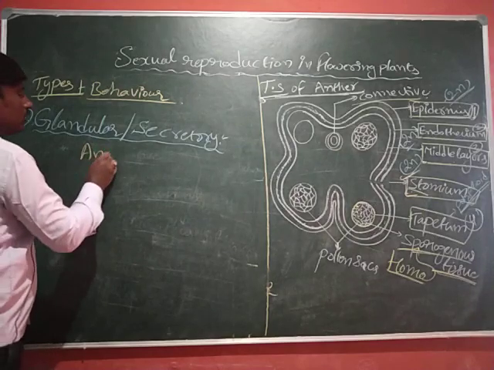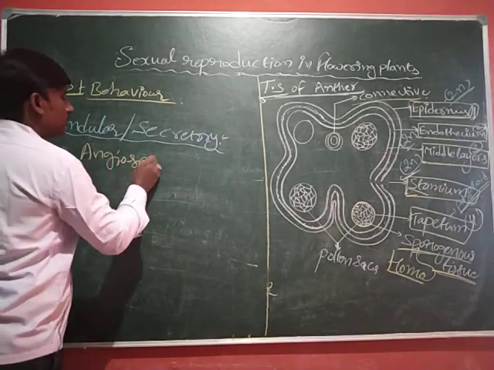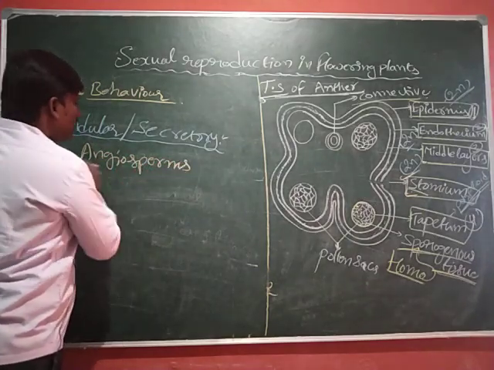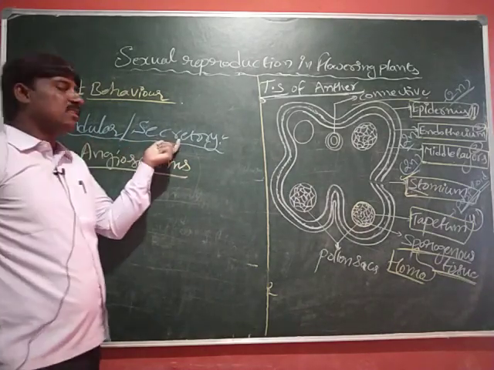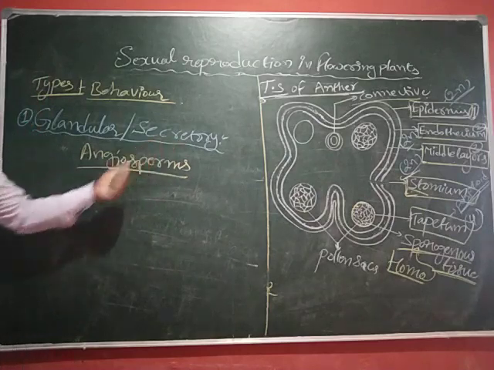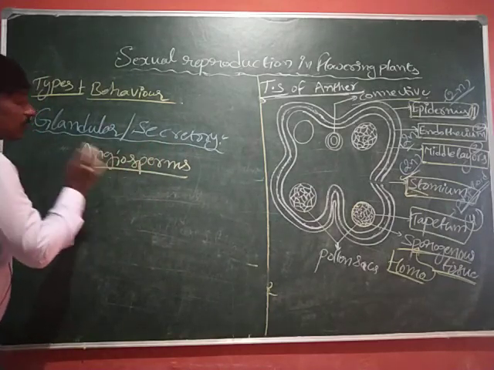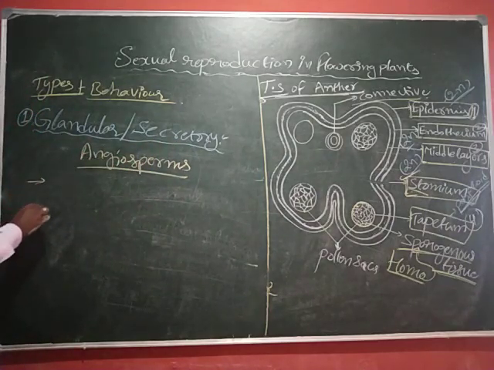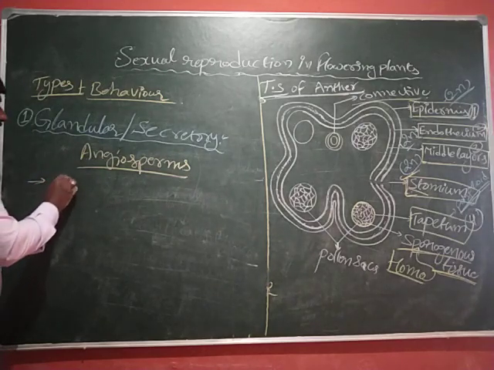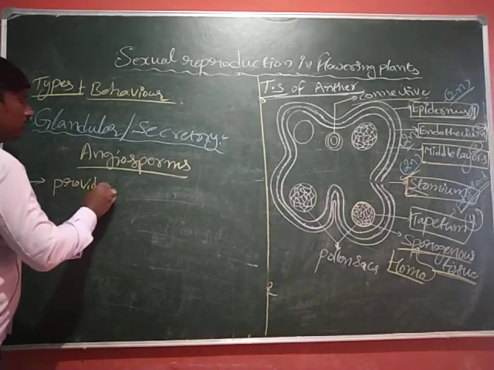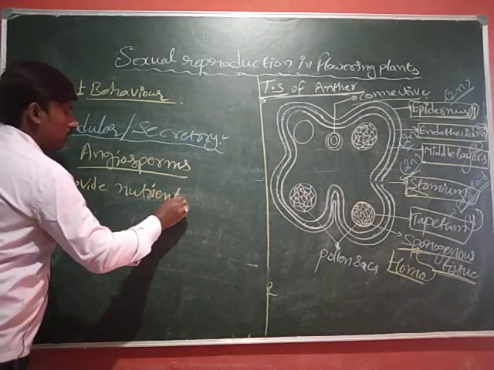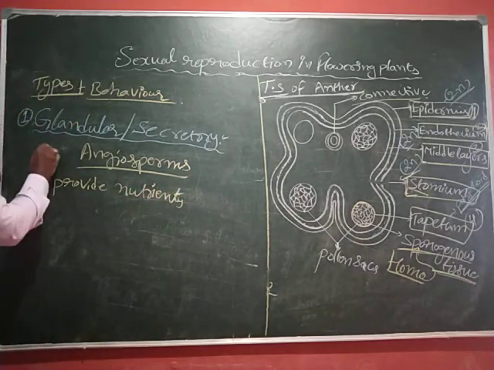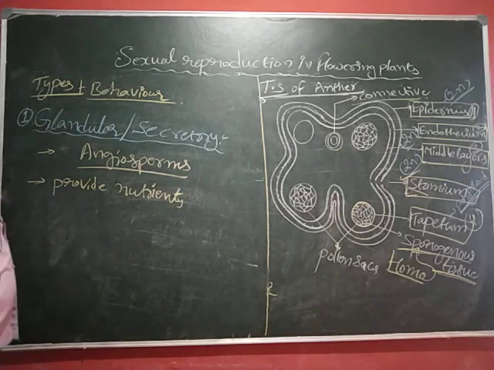So in angiosperm plants, the glandular tapetum provides nutrients for developing pollen grains.